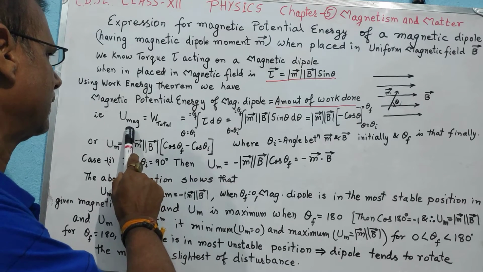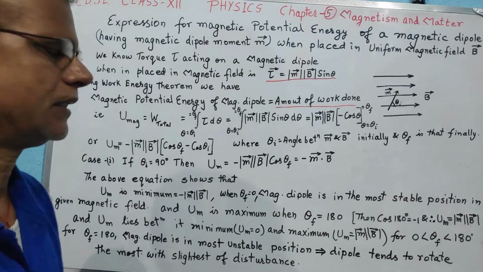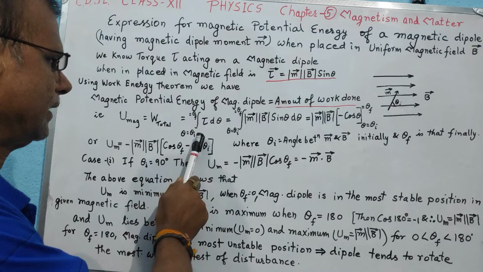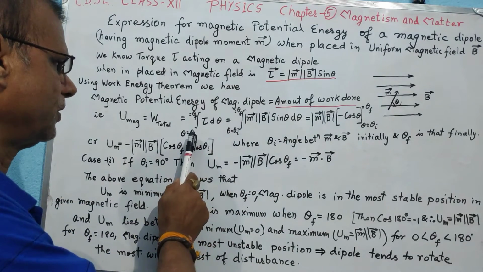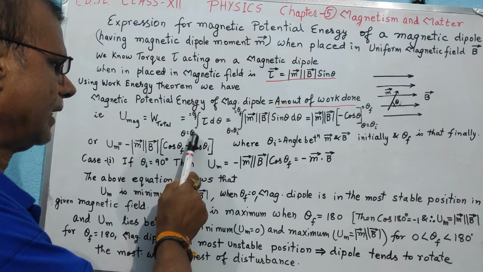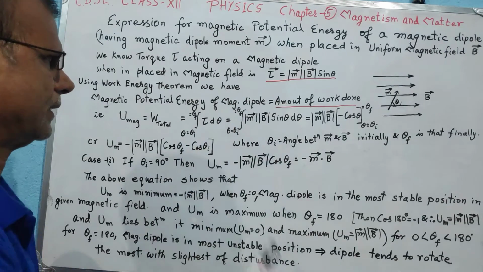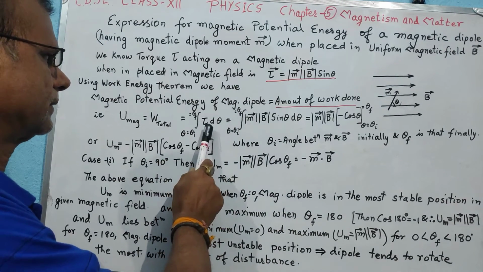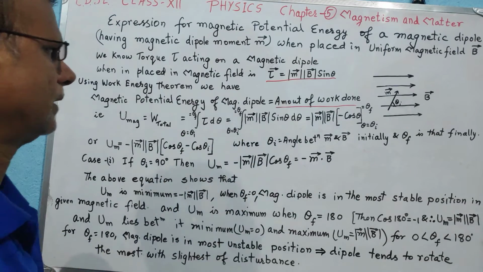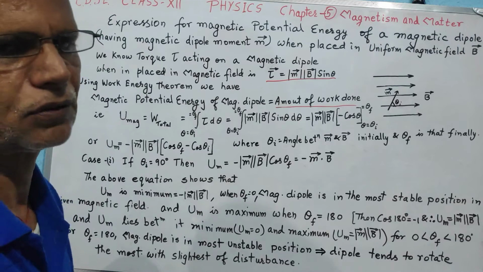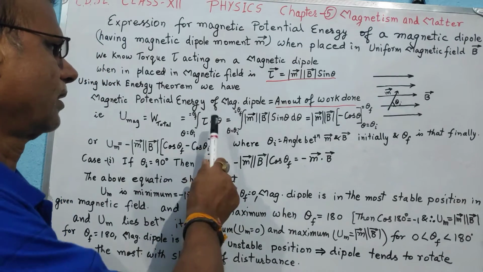So the magnetic potential energy of the magnetic dipole is equal to the amount of work done in rotating the dipole from a position making angle theta I with the magnetic field to a position making angle theta F with the magnetic field. The work done, as we learned in class 11, is equal to integral of tau d theta for rotational motion.